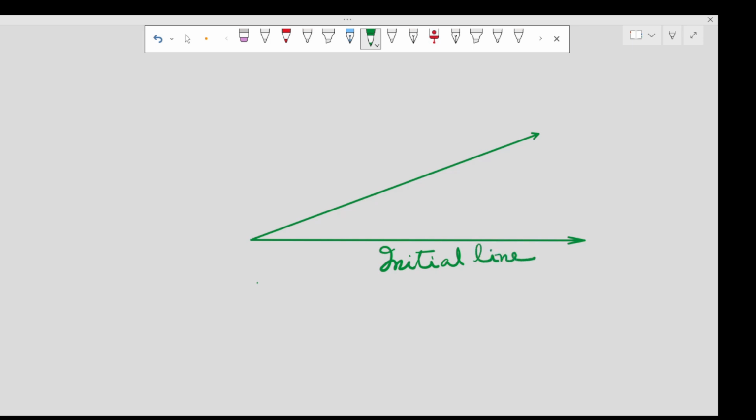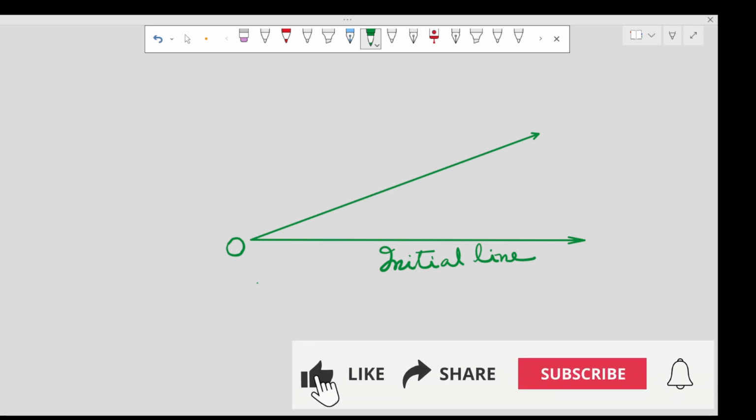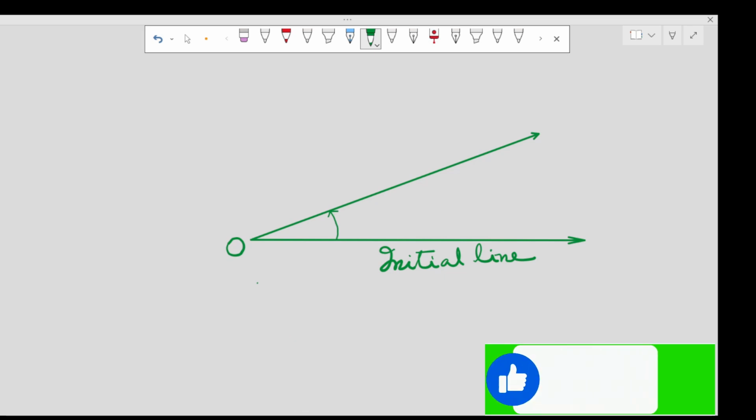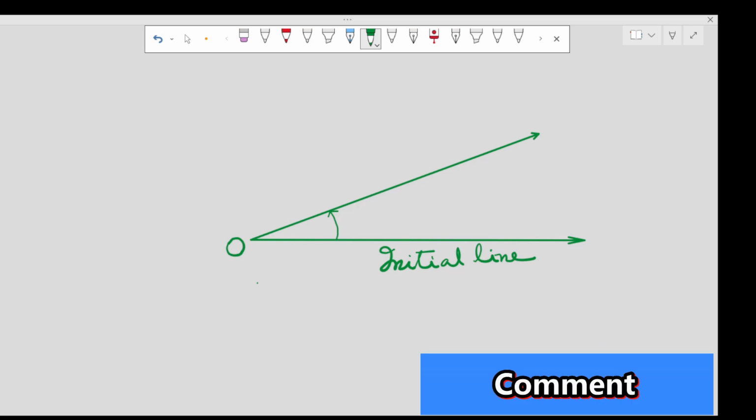We name its endpoint O. Obviously, this line after revolving reaches a final position, revolving along this side. What will this direction be called? This direction will be called the anticlockwise direction. If it revolves again, the angle will increase.